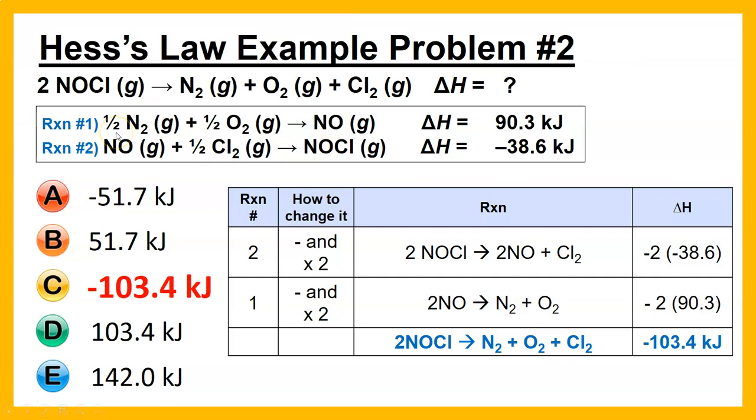But then, since these were standard conditions trying to make 1 mole, that leaves us with these fraction coefficients, that's not going to work because I don't want 1/2 of nitrogen, I want 1 mole of nitrogen. So I'm going to have to multiply that by 2 as well. So I do -2 times this value, -2 times this value, add those together, cancel out anything that shows up on both sides, and I get my overall finished answer.